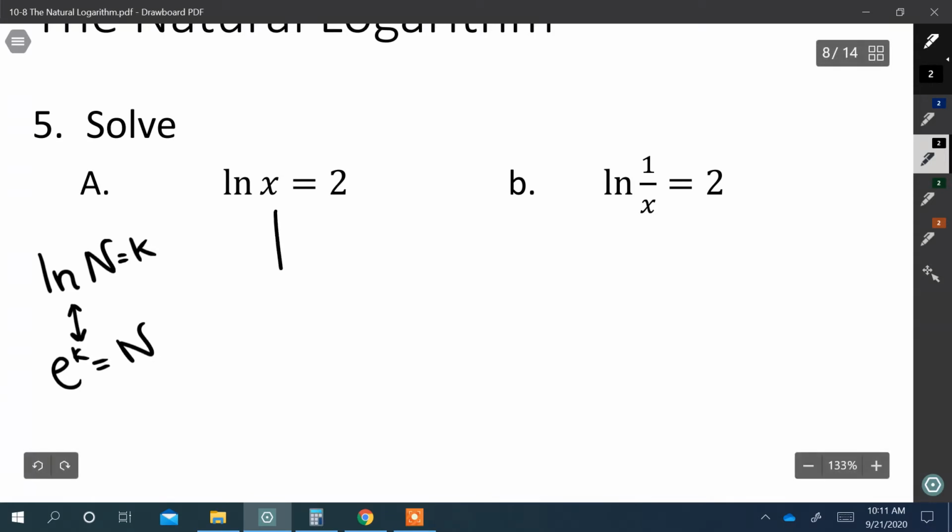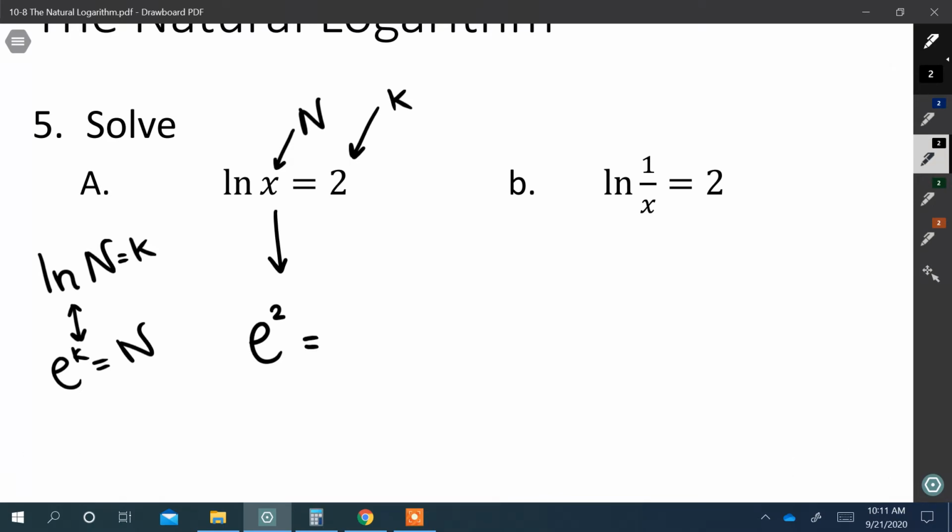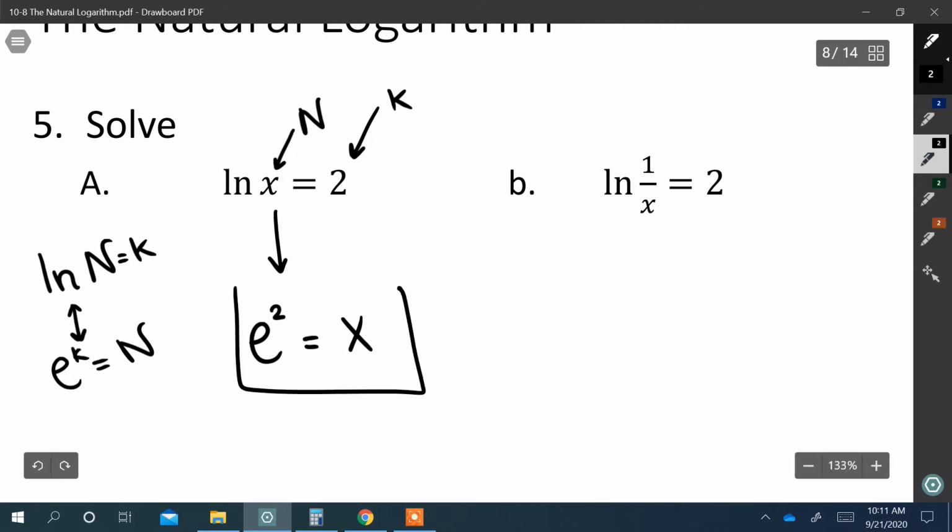So in this one, this right here will be your n, this right here will be your k. So it will be e to the k, which is 2, and then n in this case is x, and that's it, guys. You've solved it. x is equal to e to the second. That's it. There's no mystery there. It's just e to the second.